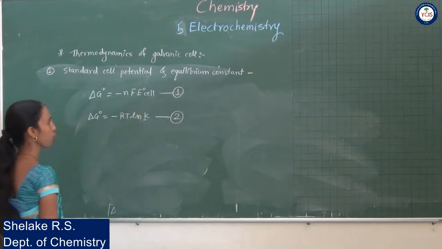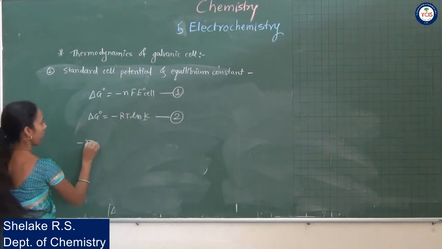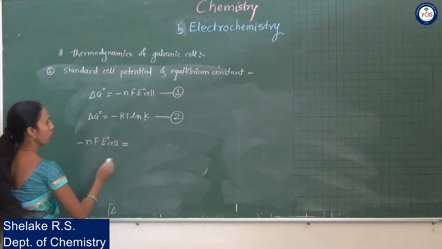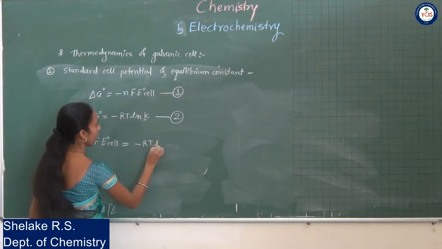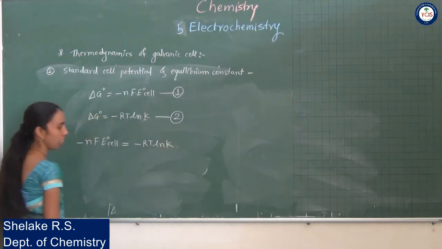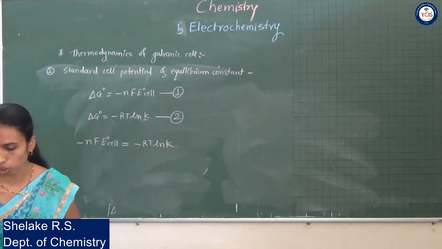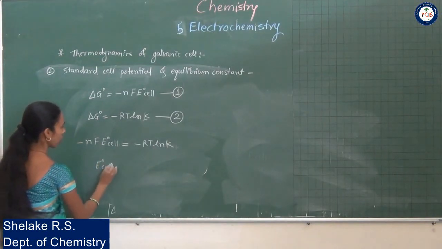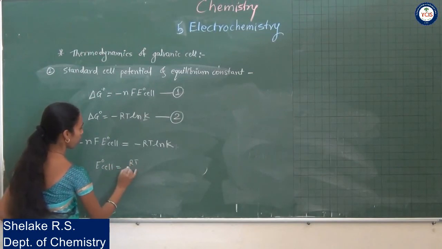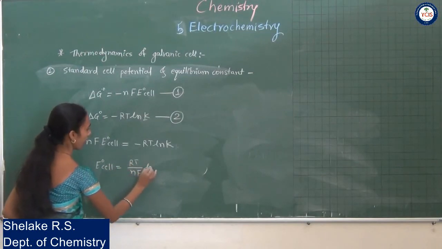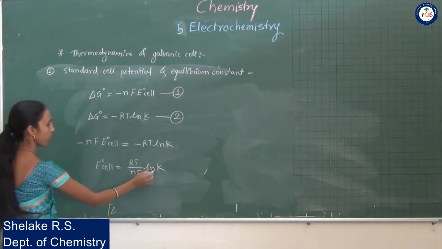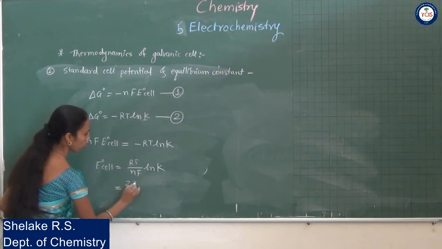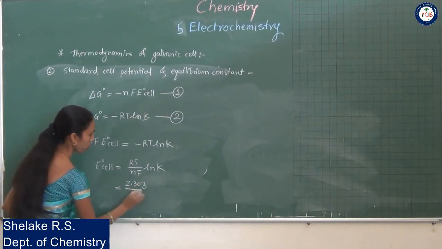Now by comparing these two equations what you will get: minus nF E0 cell is equal to minus RT ln K. Okay, now the minus sign is on both sides, so we will get E0 cell equal to RT upon nF ln K. Now this natural log is converted into log to the base 10 after multiplying by 2.303.